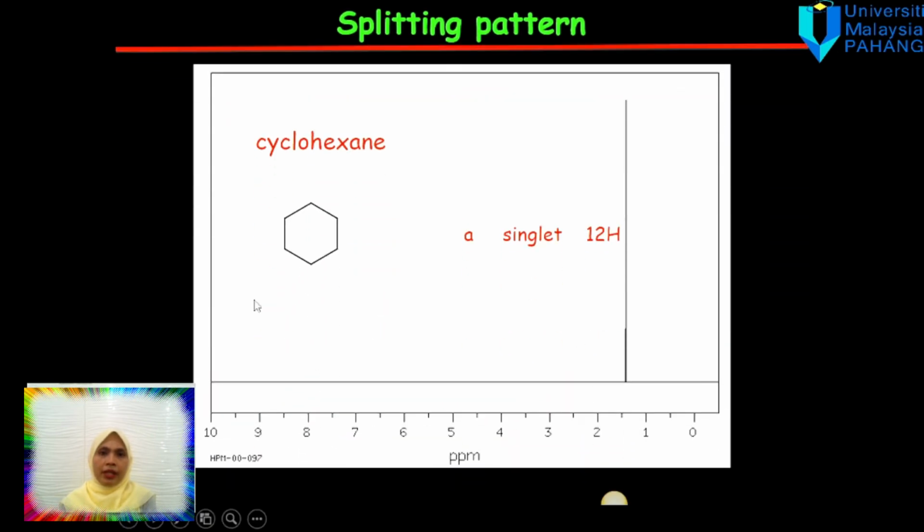Next example, cyclohexane: all the protons have the same environment, so only one signal with 12 integration. Why 12? They have 2 here, 2 plus 2, 4, 6, 8, 10, 12 protons. That's why only a single signal with 12 hydrogen integration.